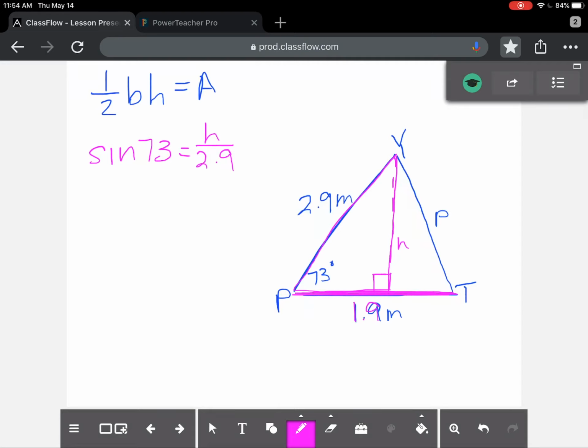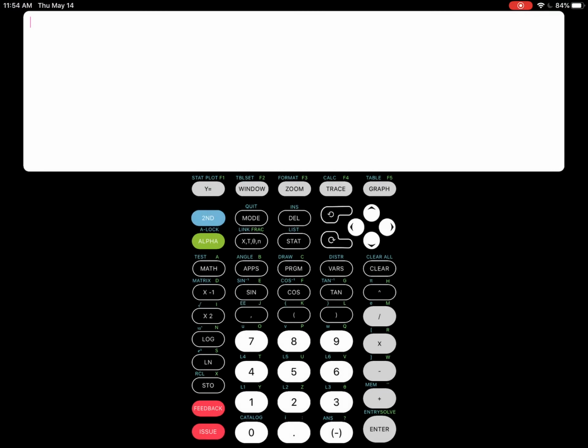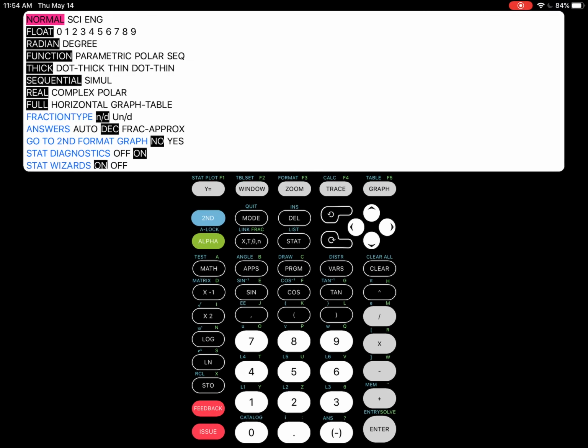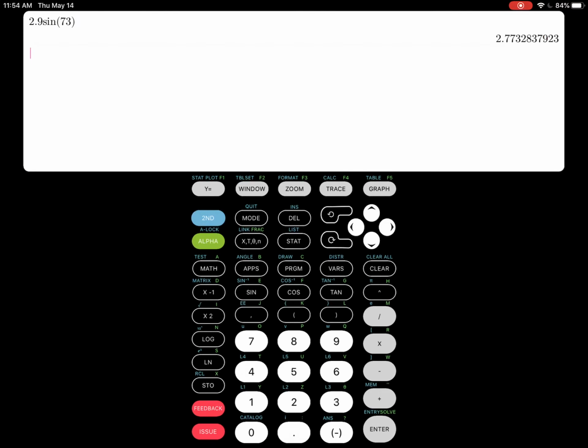Now I need to find my height using sine of 73. So sine of 73 equals height, which is my opposite, over hypotenuse, which is the 2.9. Again, that's the hypotenuse of this right triangle that I created inside of the triangle I'm finding the area of. To find the height, I'm going to multiply both sides by 2.9, so I'll get 2.9 times sine of 73.